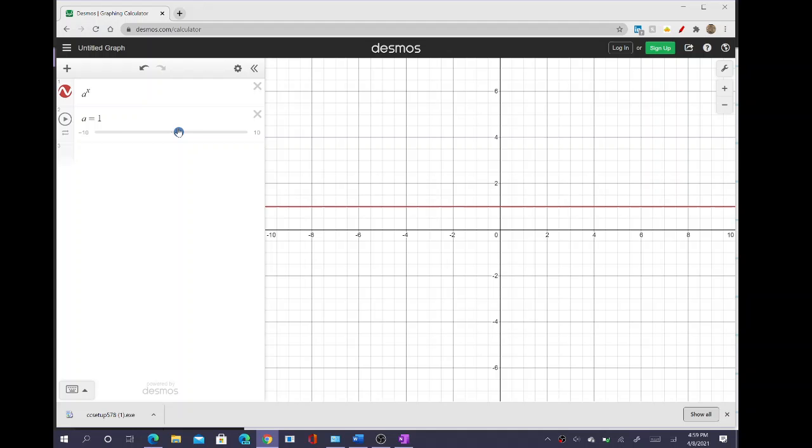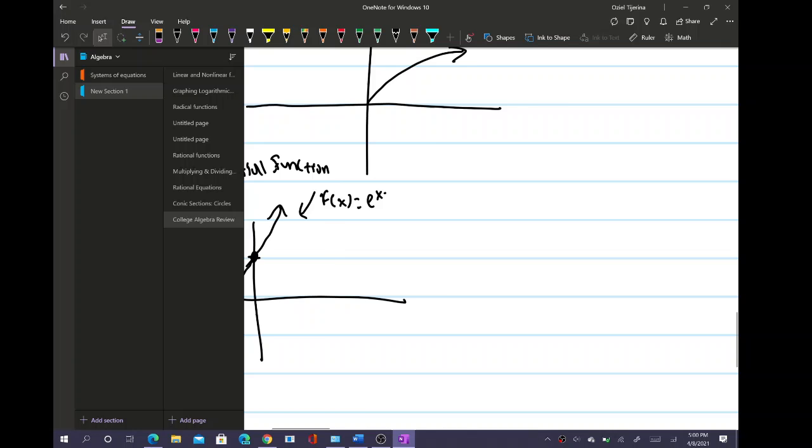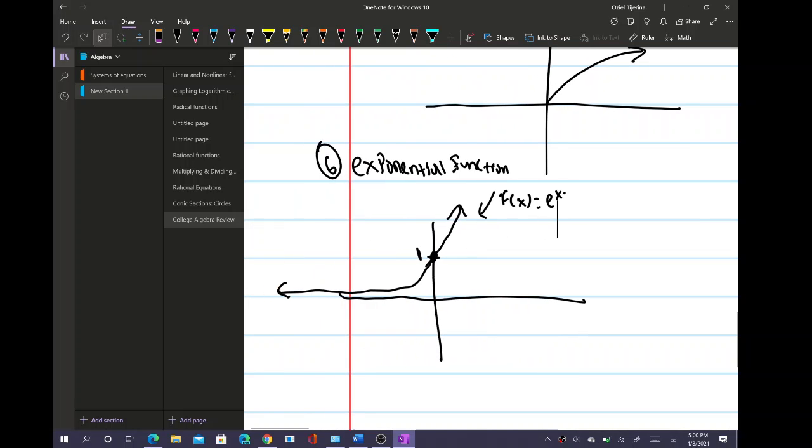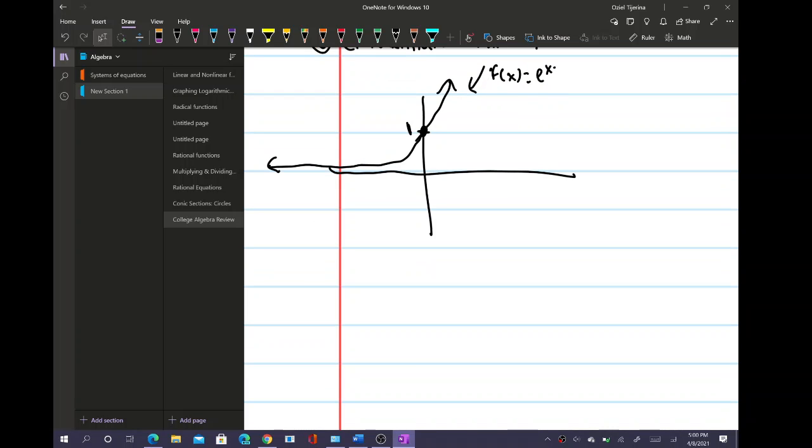If we have more than 1, we have exponential growth, okay? That's the difference. E to the x is very special, and I will go over those.